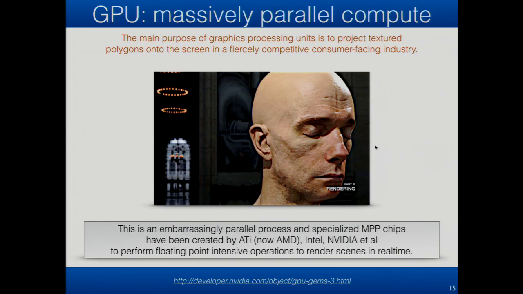The GPU world, what is the task? This is a rendered image. This is not a real person. Every pixel on here is the result of a calculation, and all those calculations are independent.